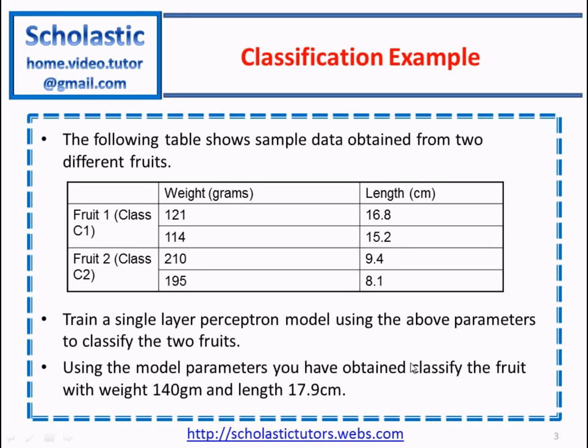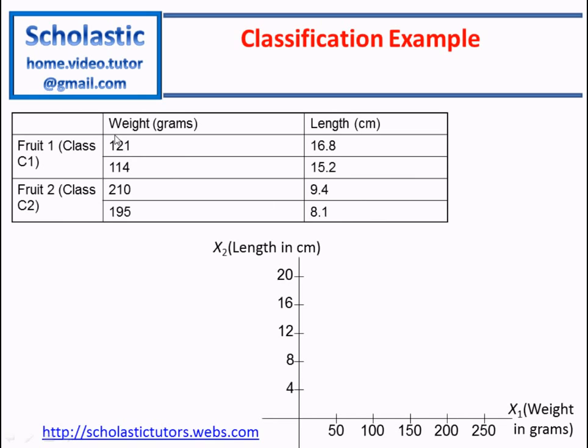Let's try to understand the problem. What is given here are the weights and the lengths of the two fruits, and we take fruit 1 as belonging to class C1 and fruit 2 as belonging to class C2. If I take the fruit weight and length as the x and y axes, we can plot them in this graph, where the weight is x and the length is in centimeters.